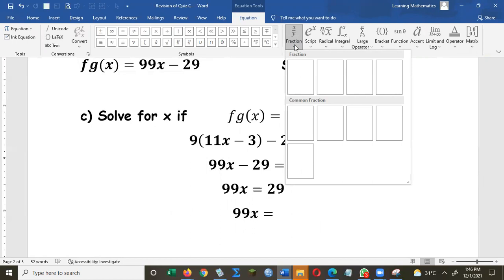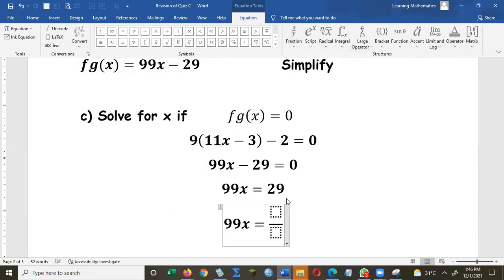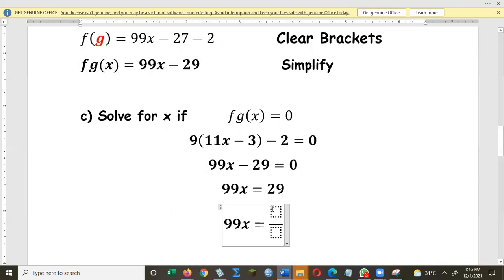We are going to divide by 99 to cancel out 99 from the left side. x is equal to 29 over 99 in our example.